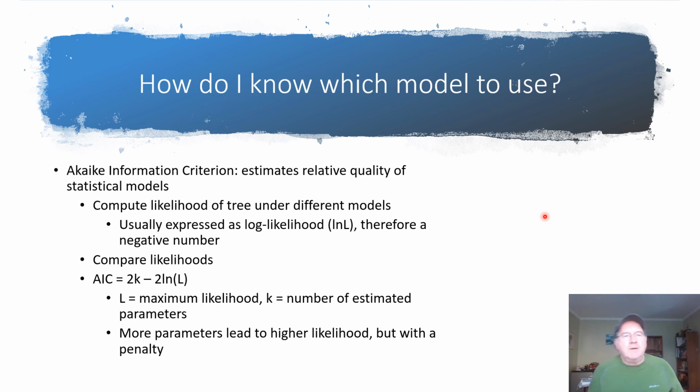So the way this works, and of course in the real world the way this works is that you press a button on your screen and go away and come back in an hour, a day, a week, who knows, depends on your data. You compute a tree under these different models, and you can specify which ones you want, or you want all possible models.